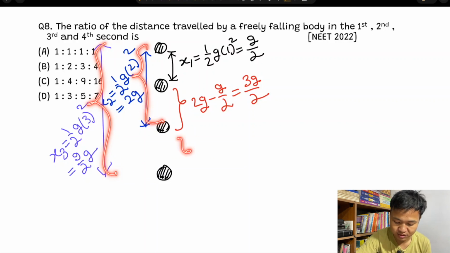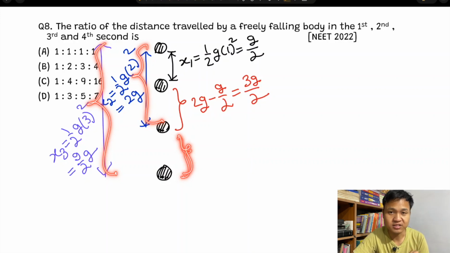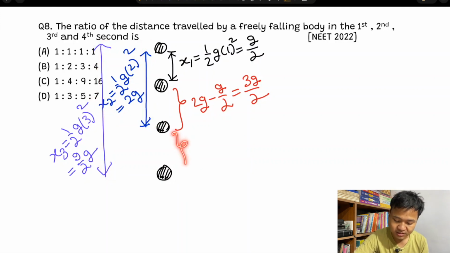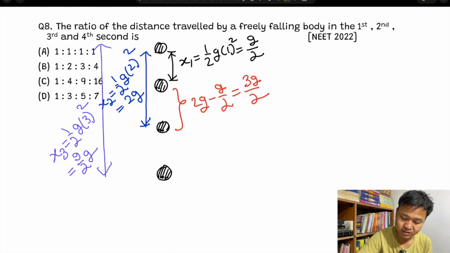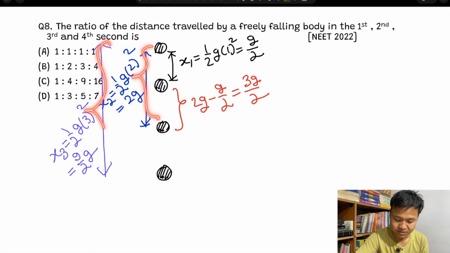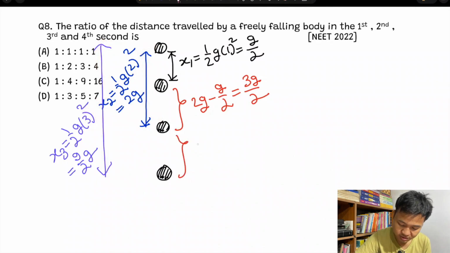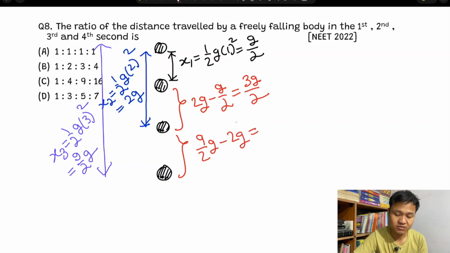This is the distance traveled in the third second, so if you subtract this much from this much, you'll get the remaining. So how much is that? 9 by 2z minus 2z. 2 fours are 8, 9 minus 4 is 5z by 2.